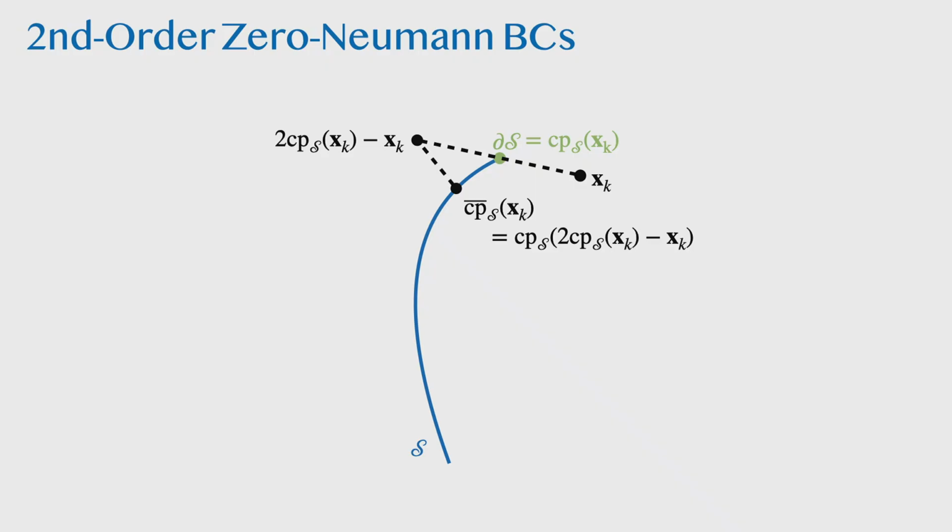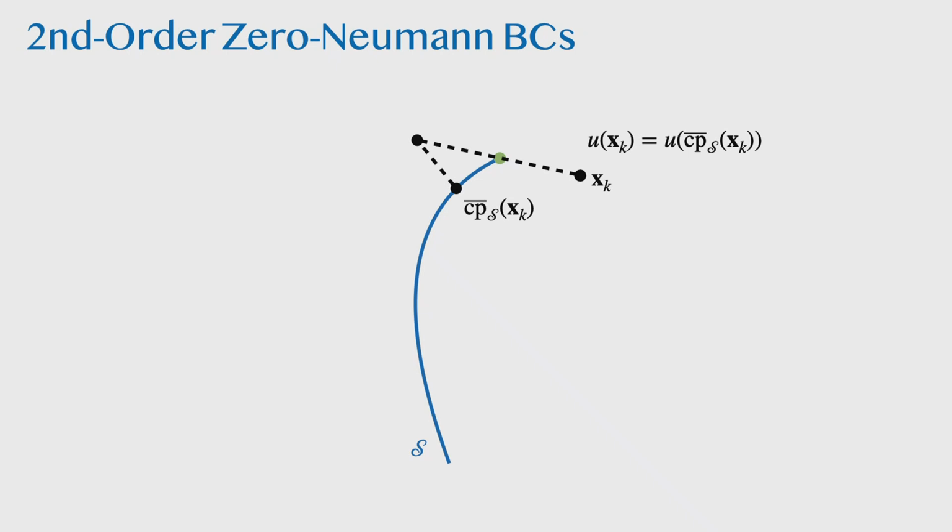And that's the point where you use the data at that point, CP bar, to extend to xk. And so it seems convoluted, but the reasoning makes a lot of sense when you realize that what you're doing is approximating your manifold near the boundary as a plane.